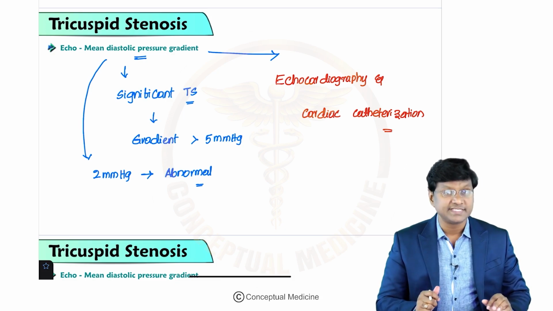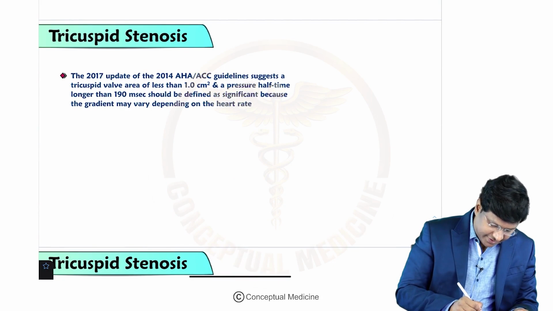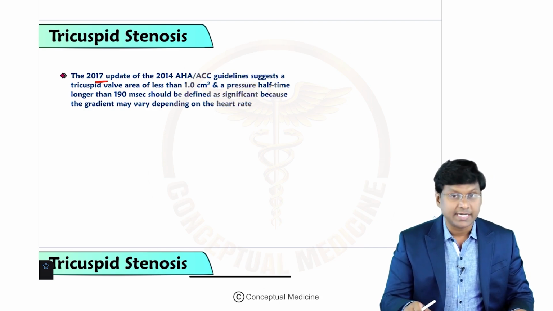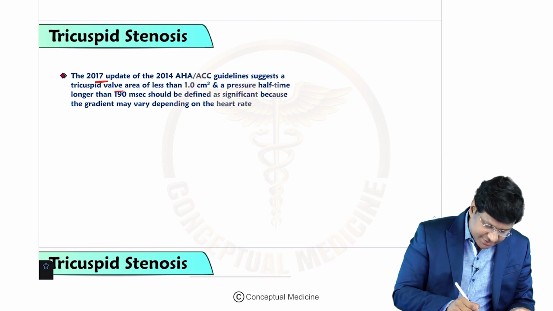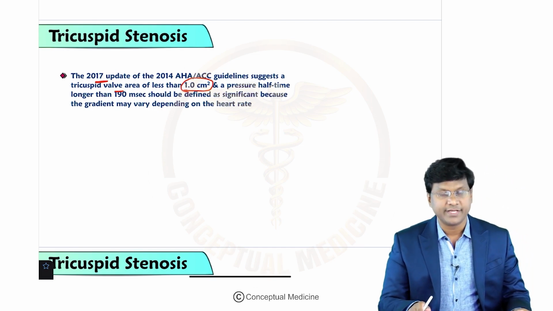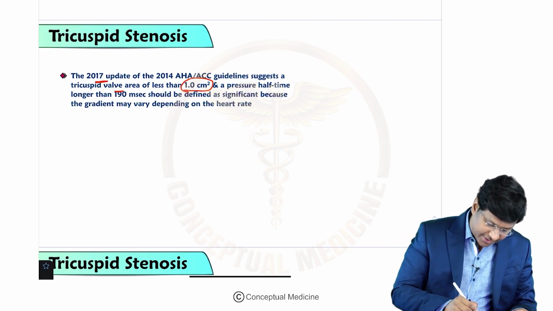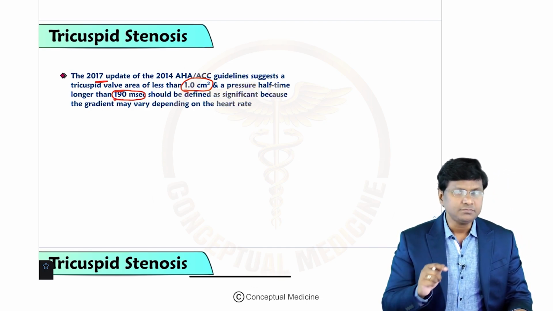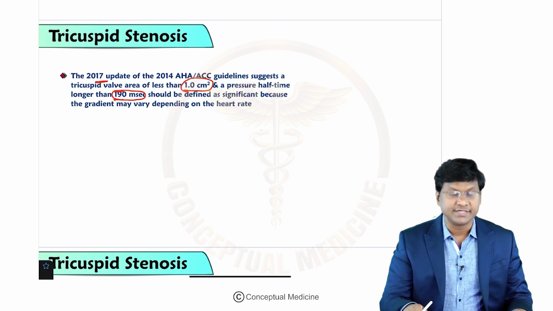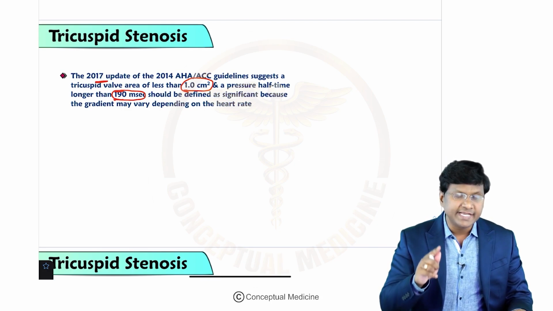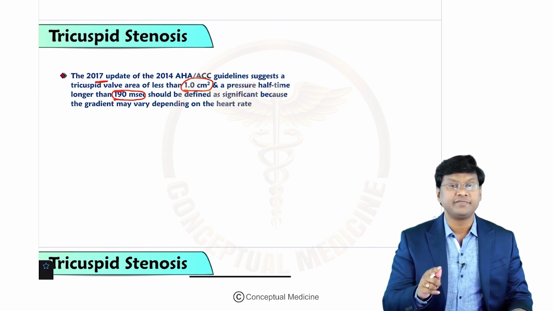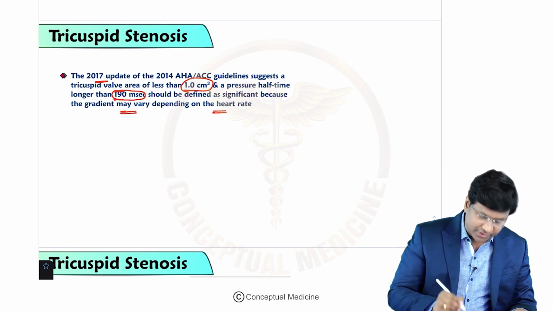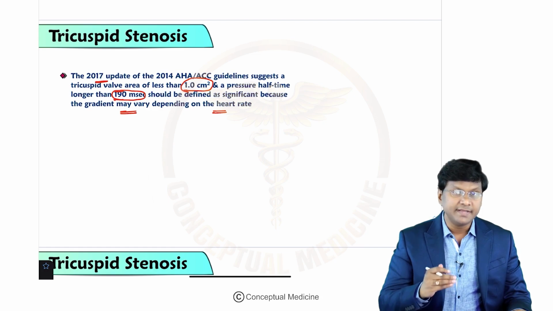Now, according to the recent 2017 update of the 2014 American Heart Association and American College of Cardiology guidelines, a tricuspid valve area of less than 1 centimeter square and a pressure half time longer than 190 milliseconds should be defined as significant tricuspid stenosis, because the gradient may vary depending on the heart rate.